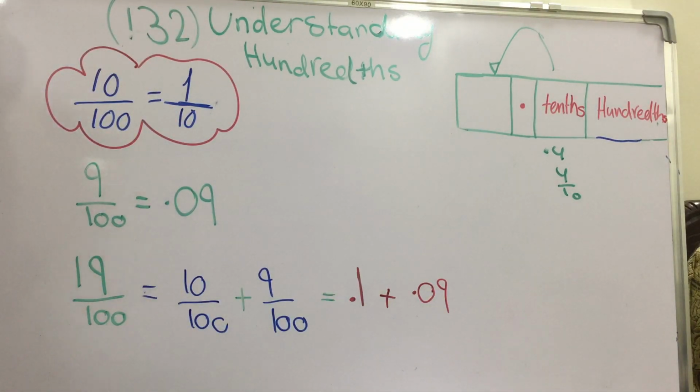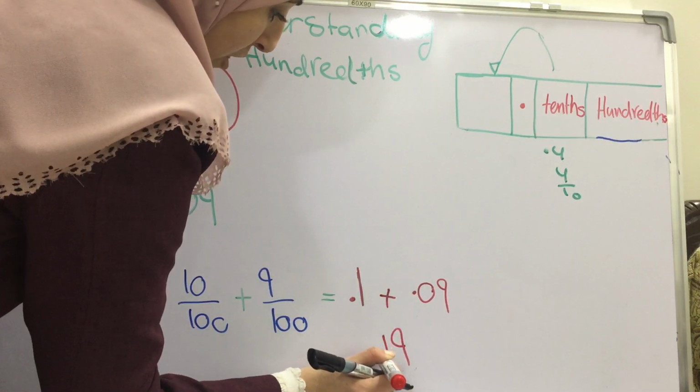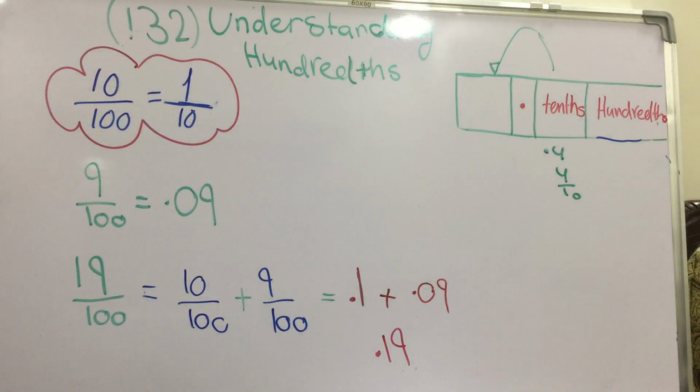If I want to combine them together, I will have 19 hundredths or 0.19. If you look at the first question, we count how many zeros? 0, 1, 2. I have 2 zeros. I count places. Then I put the dot after the number of zeros. Okay, this is the simple way, the easy way.